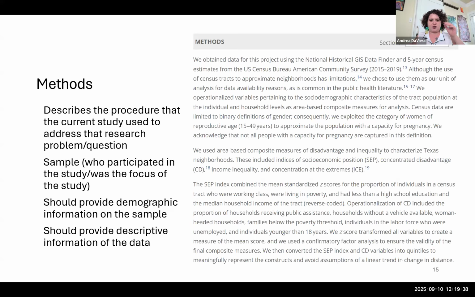And elsewhere in this paper, it's not exactly in the screen grab, you might have descriptive information on the data. So maybe you'd say out of the women that were aged 15 to 49, the average age was 24.5 years old or something like that.